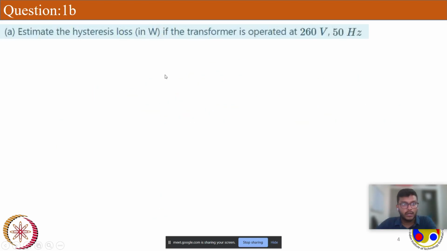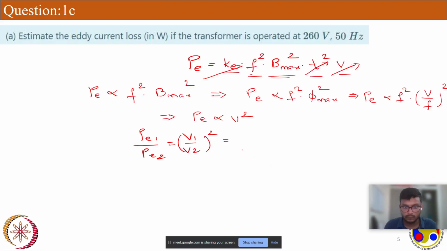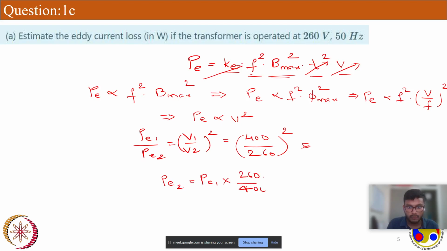V1 is 400 volts, and V2 is 260. So PE2 is equal to PE1 into (260 by 400) squared.